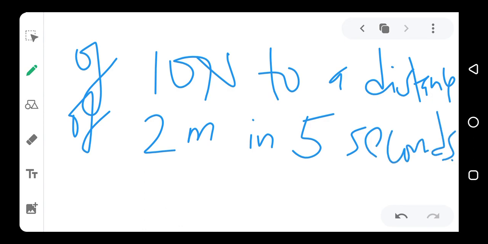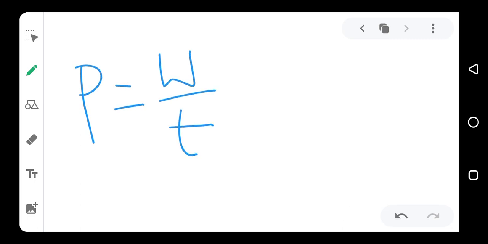Now, how do we do this? Solution. We know that power is equal to work over time. But here, work is not given to us straight; we are given the load and distance.